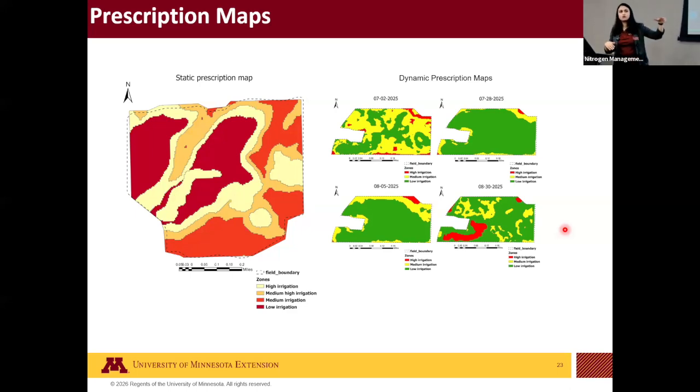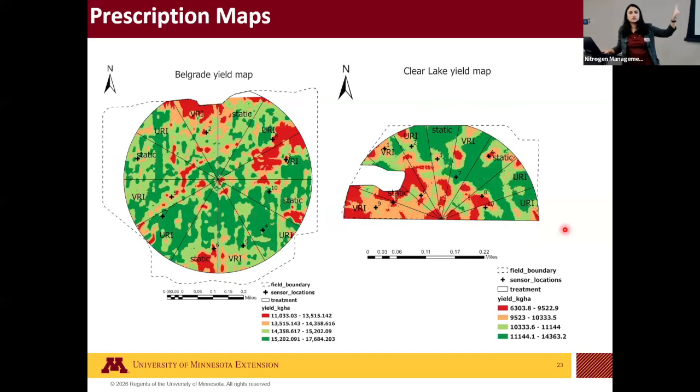So those are more advanced or more time-consuming ways of doing VRI. But what we are doing right now is research on this to see which one is better, or which one gives us more return on investment, I would say.